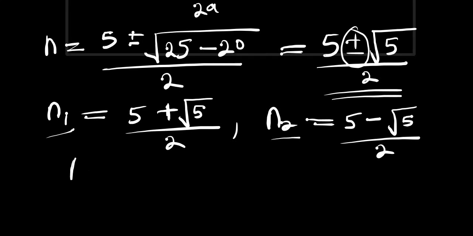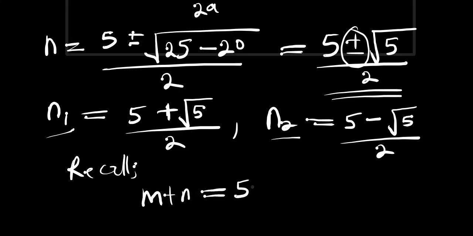Now let's recall that we had m plus n equals 5. That means let's make use of this particular n1 here. So we are going to solve for m1.